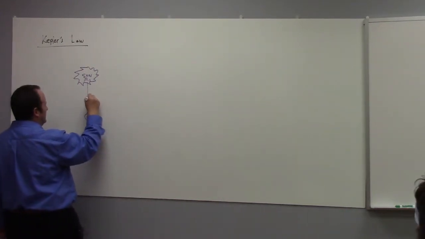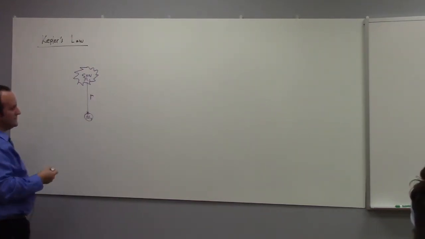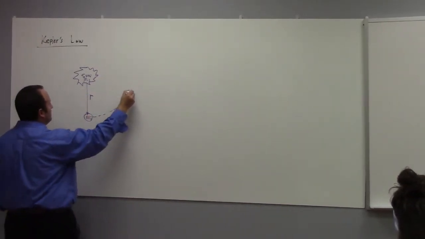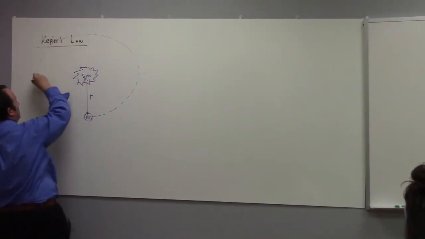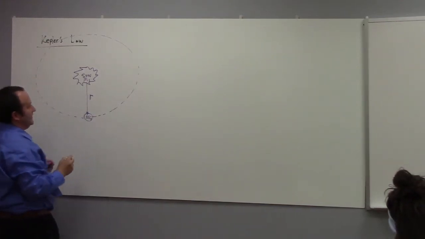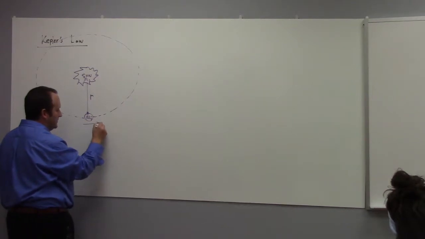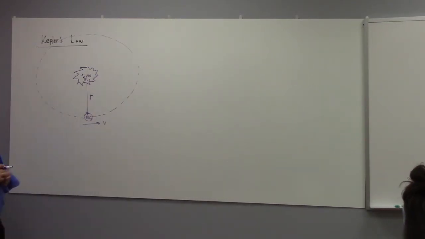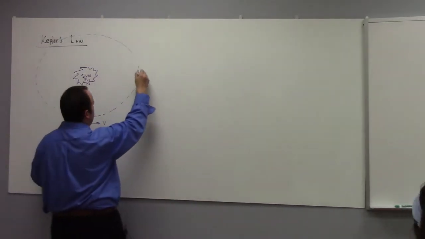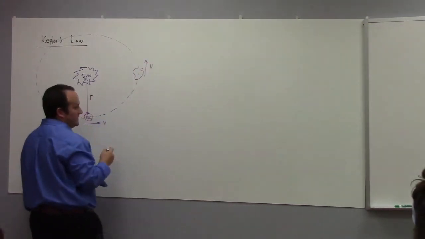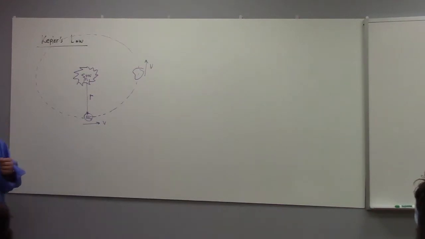So little r is the radius of the orbit of the planet, and we're supposing it goes in a circle, right? Something like that. And so you can track the speed, v, which the planet's going, right? When the planet's over here, the velocity is going like that, but it's still the same speed. So the speed is constant around the circular motion, but the direction of the velocity is always changing, right?